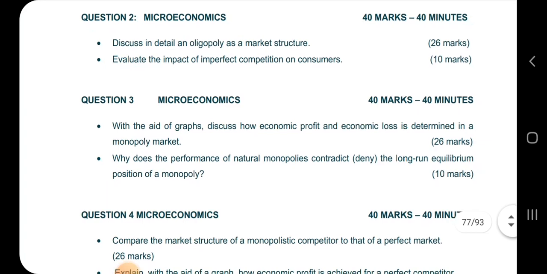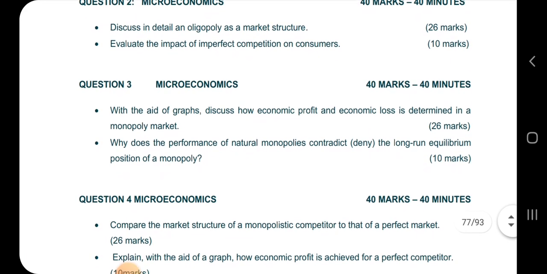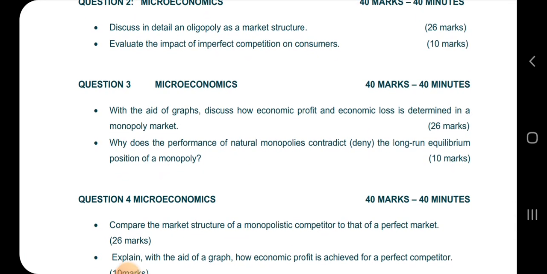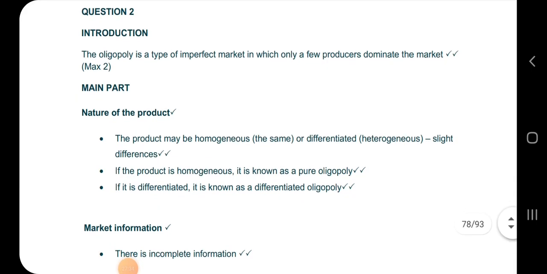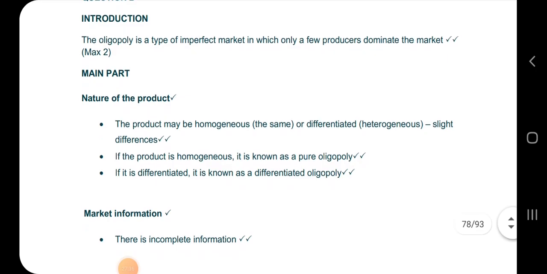And then this one, question 3, says, with the aid of a graph, discuss how economic profit and economic loss are determined in monopolistic competition. So guys, in the essay questions, you have 2. One will require graphs, and the other one will just require you to explain. If you can explain, you don't have to do graphs when you don't understand them. So this is an answer to that oligopoly question.